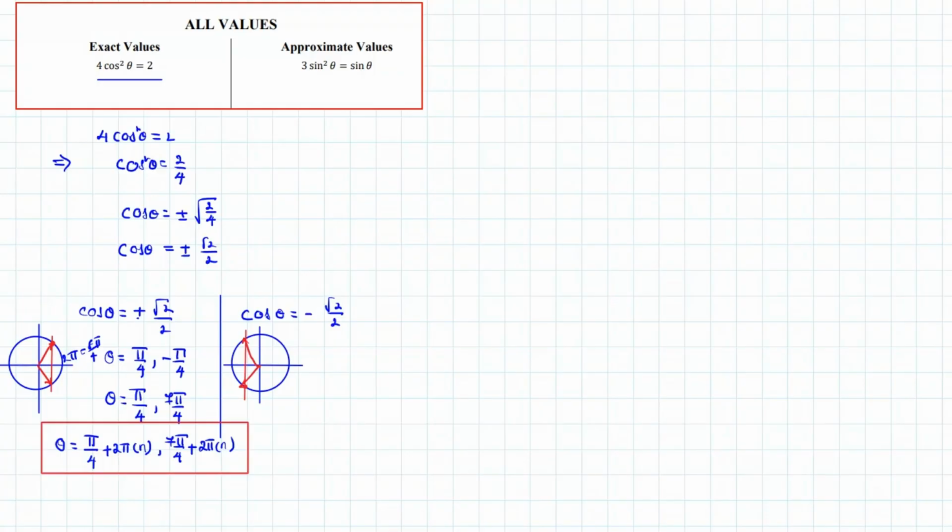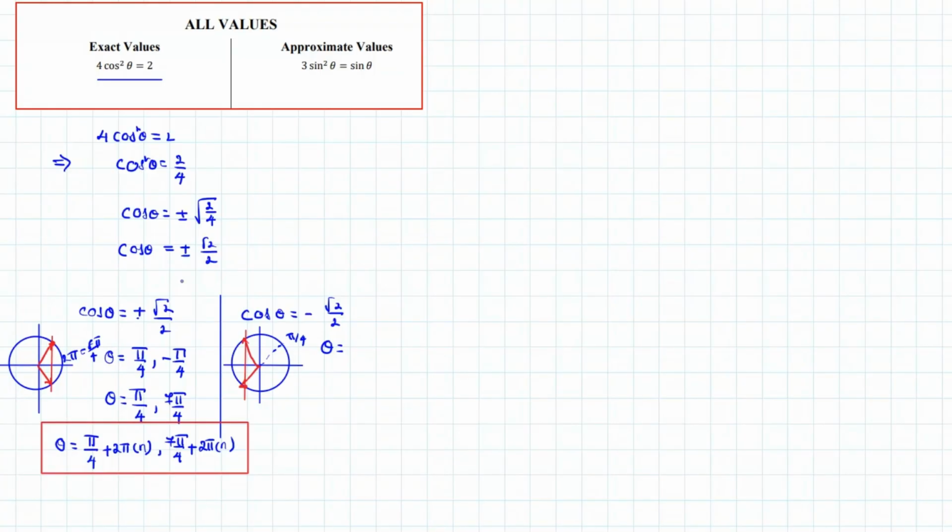So that is 3 pi over 4, and these angles are symmetric about the x-axis. So this is pi over 4 and this is pi over 4. So this angle pi is 4 pi over 4, and adding pi over 4 to the 4 pi over 4, we have 5 pi over 4.